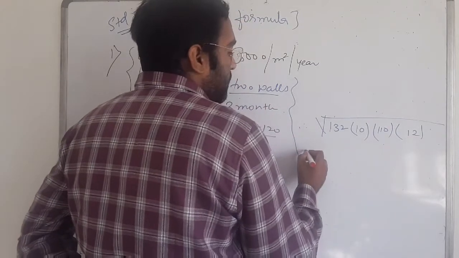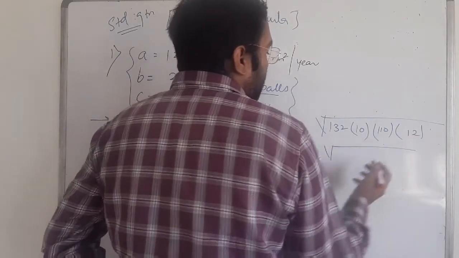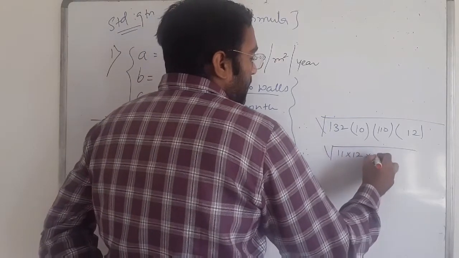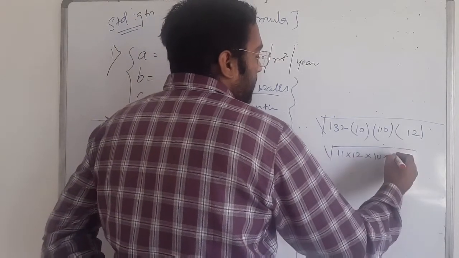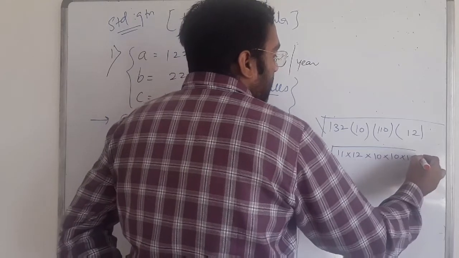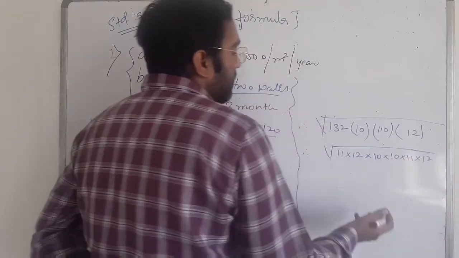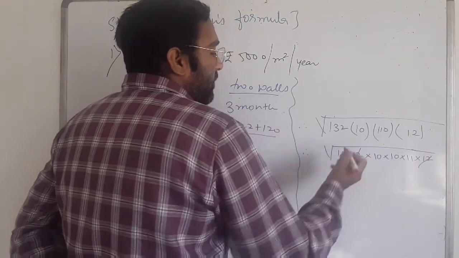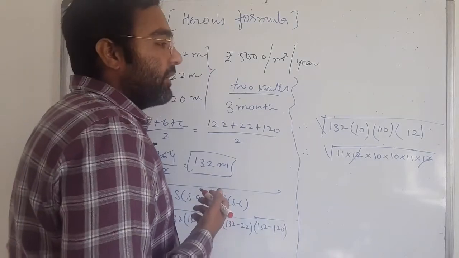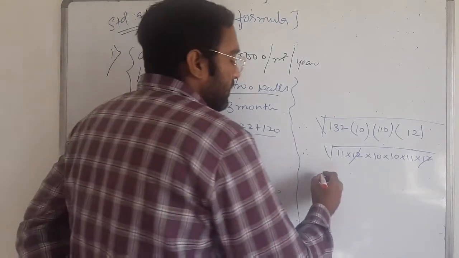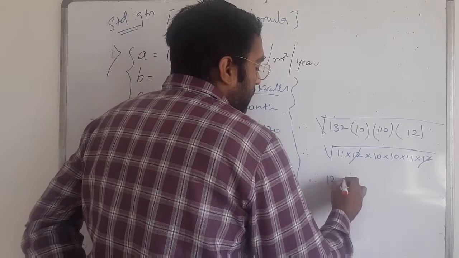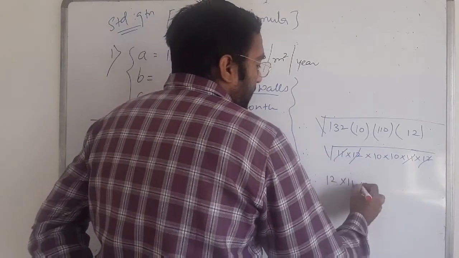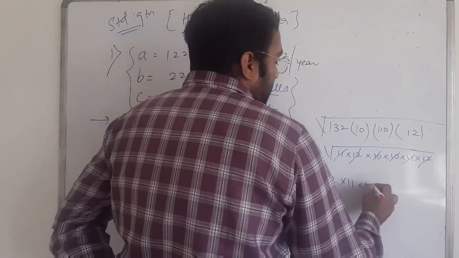So the area of the triangle: we split 132 as 11 into 12, and 110 as 10 into 11, and we take 12 as it is, because it is easy to take common out of each pair. A pair of 12 comes out, a pair of 11 comes out, and a pair of 10 also comes out.